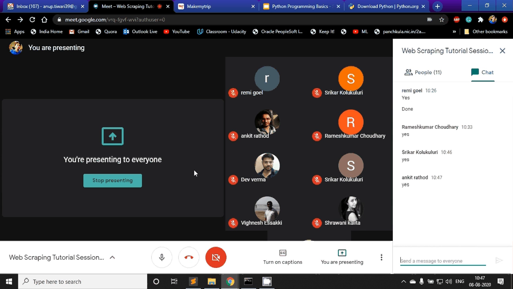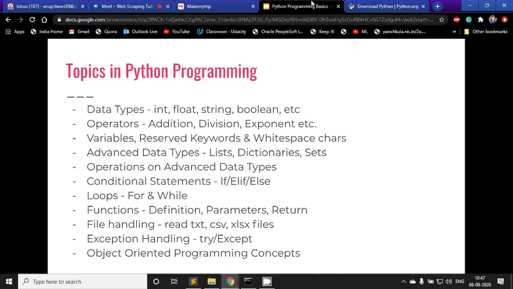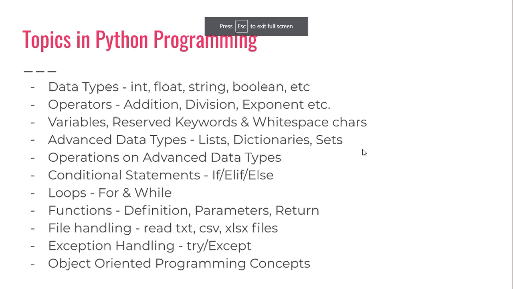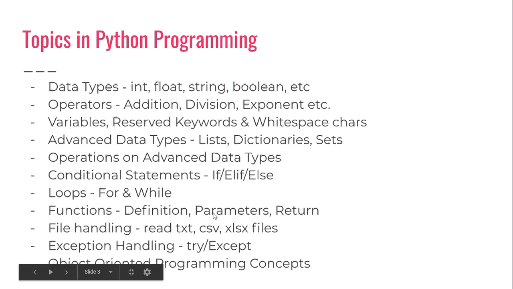Int is integer, float is the decimal value, string is a collection of characters. Boolean is a logical type. Boolean is either 0 or 1, where 0 is false and 1 is true. We will see how this looks as we go further.